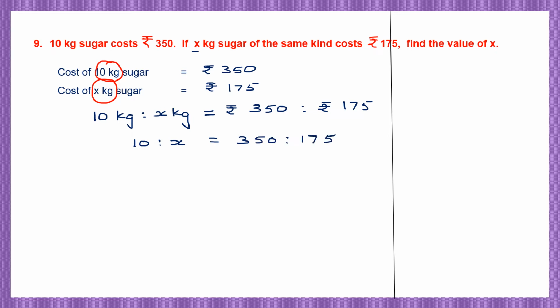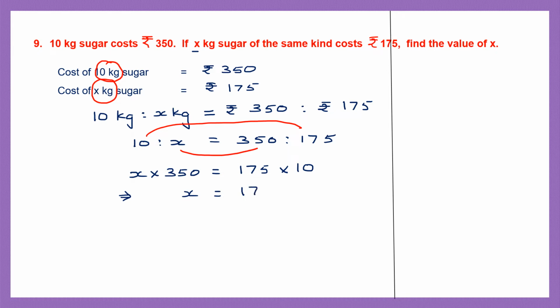Now the product of extremes will be equal to the product of means. That means x into 350 will be equal to 175 into 10. So now to find the value of x, we write 175 into 10 divided by 350.